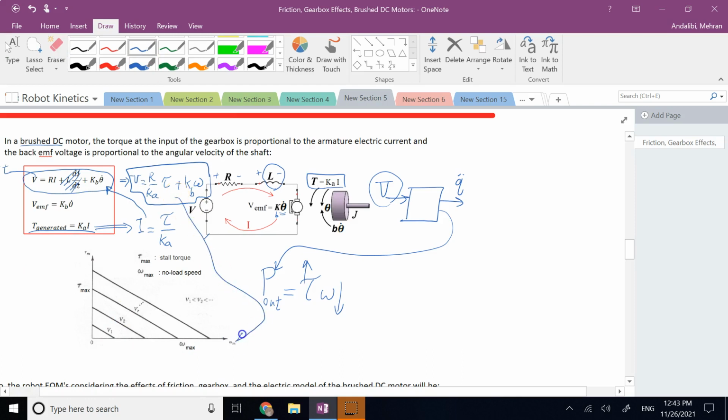So if I bring it down here, let's say I want tau versus omega, it becomes tau is equal to Ka over R times V, and then minus Ka times Kb over R times omega.